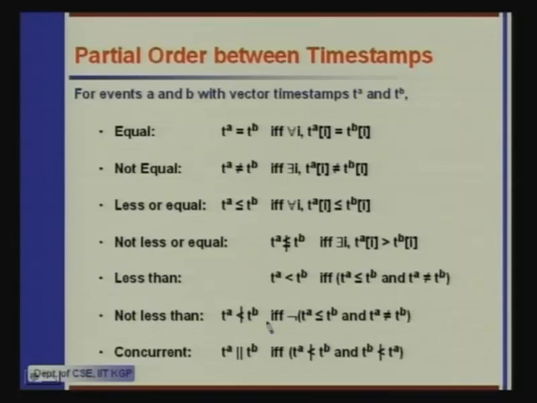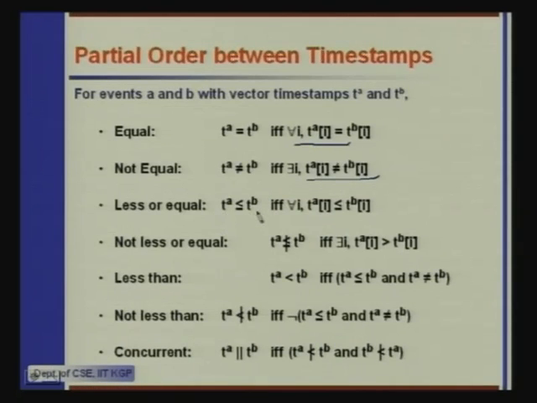Now, let us first understand the partial order between timestamps. Partial order between timestamps. Two timestamps Ta and Tb are equal if they are equal in all dimensions. Two timestamps are not equal if they differ in some dimension.